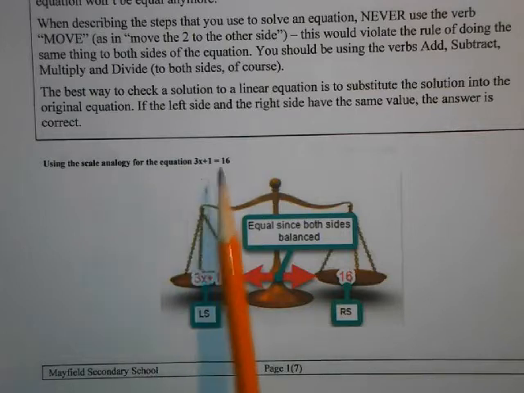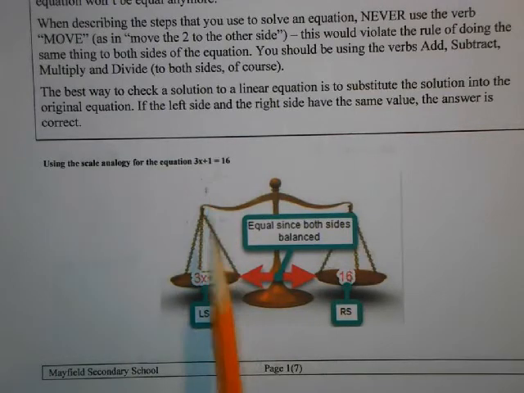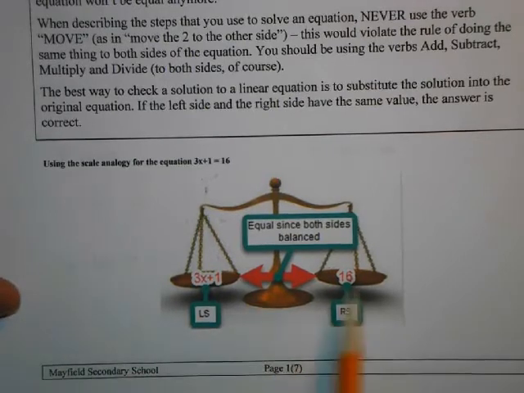Now the fact that it says an equation equals means that at that moment, right now, these two trays are balanced, which means they have the same value or the same weight in terms of what scales are used for. Now if I want to do anything to this equation or this scale, here's the most important rule.